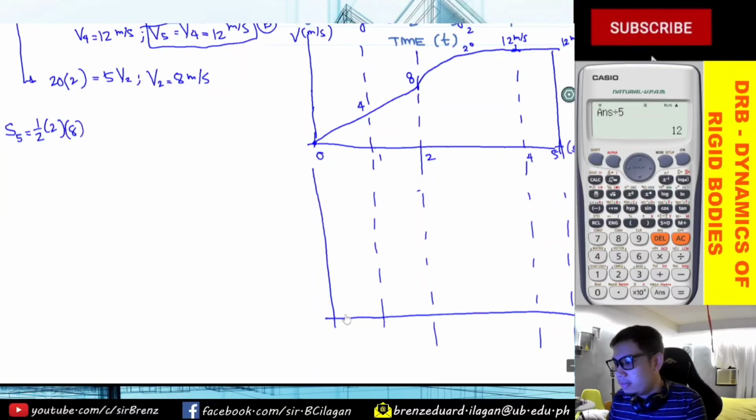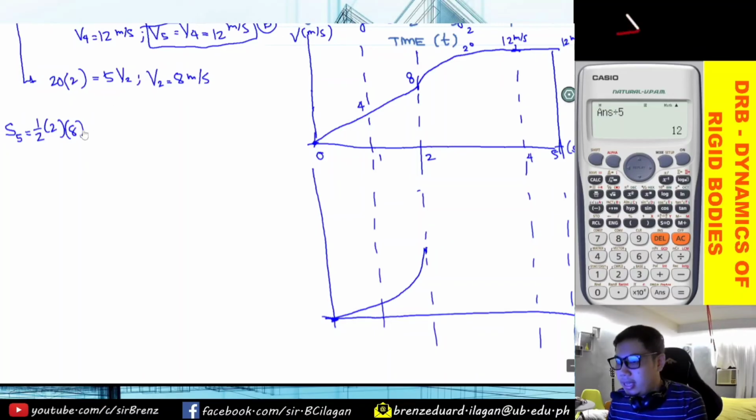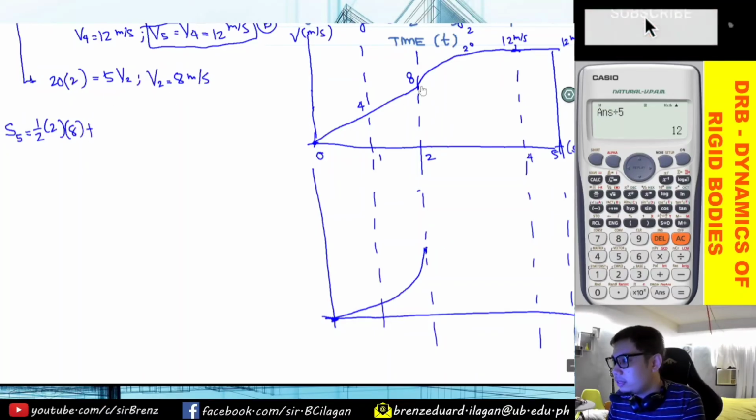Okay, so coming from minimum, so this is minimum, maximum, minimum, maximum. So plot mo lang yan. And then plus, since nasa ibabaw siya, di ba ito is makaka-form ng shape ng rectangle or square.